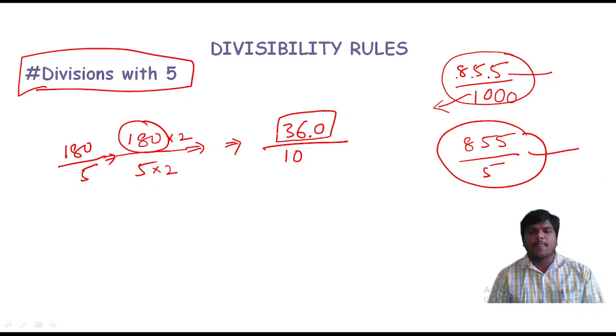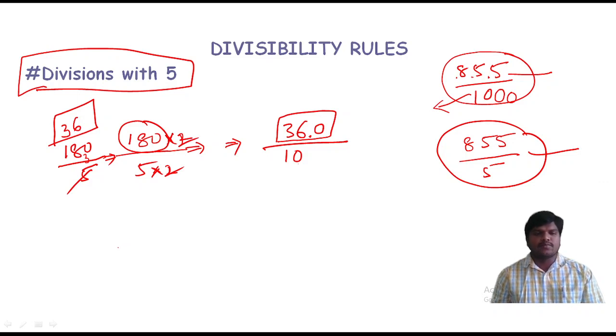We can also do it like this: 5 threes are 15, remaining 3 here, 5 sixes are 30, 36. But if you multiply both by 2, it is very easy. You can try other numbers also.